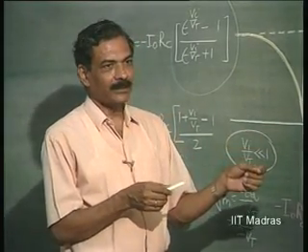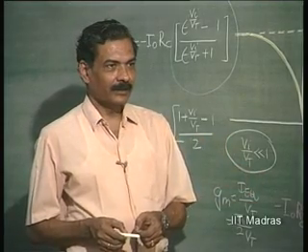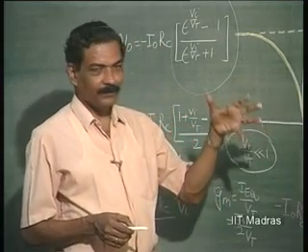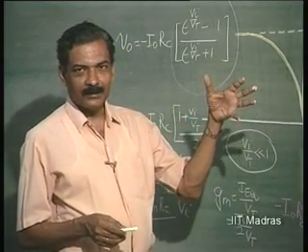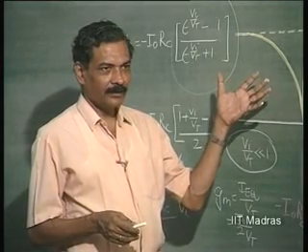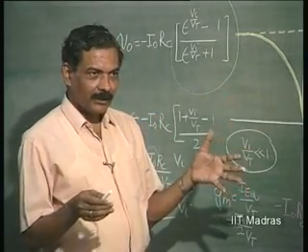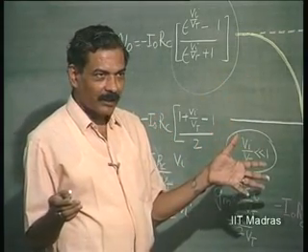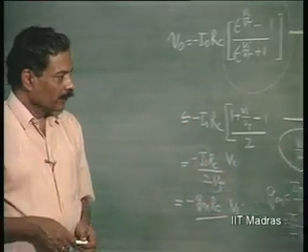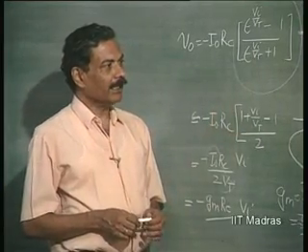Here after x you have x cubed by factorial 3. And therefore, obviously the extent of distortion here is much less than in the common emitter configuration, and it will give the same small signal gain, input impedance, etc., but the distortion is less. Is that clear? Now, we will illustrate it later by an example.